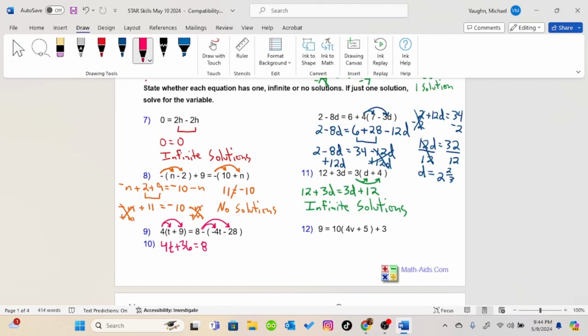Negative times negative 4t is plus 4t. And negative times negative 28 is plus 28. We combine the like terms, and we have 4t plus 36 equals 4t plus 36. Both sides are the same, so this is infinite solutions.